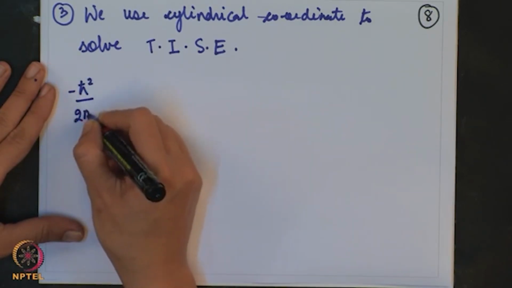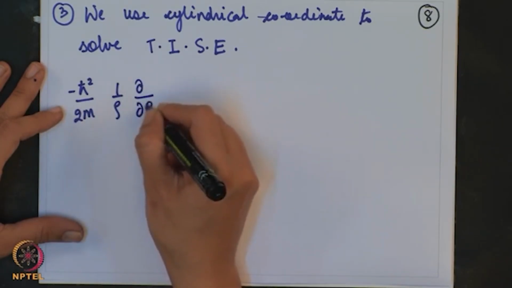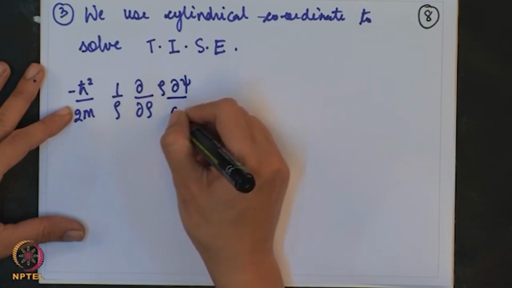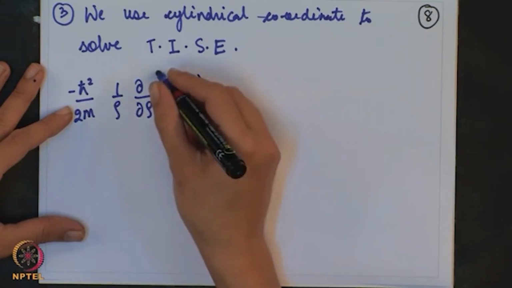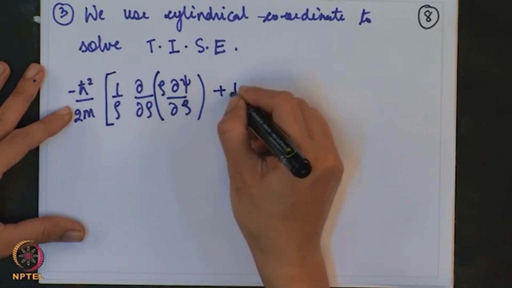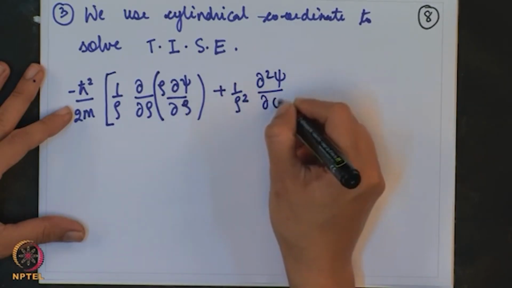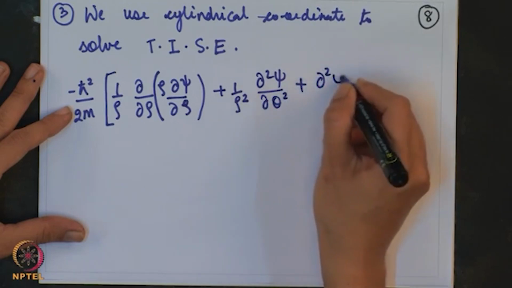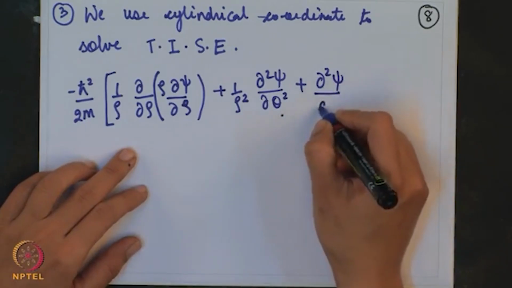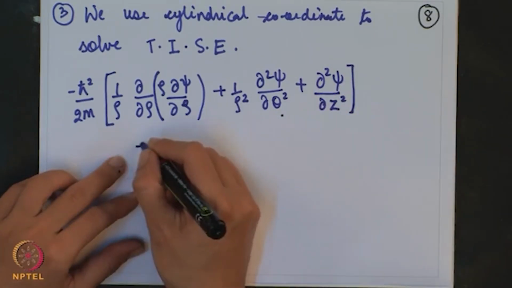First let us write the kinetic part, h cross square upon 2m times dou by dou rho, this is rho, this is theta, and then we will have the z coordinate, plus the potential term.